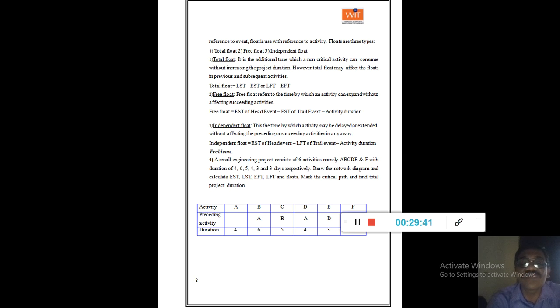The independent float means the time by which an activity may be delayed or extended without affecting the preceding or succeeding activities in any way. The formula for independent float is EST of the head event minus LFT of the tail event minus activity duration. And free float is EST of the head event minus EST of the tail event minus activity duration.